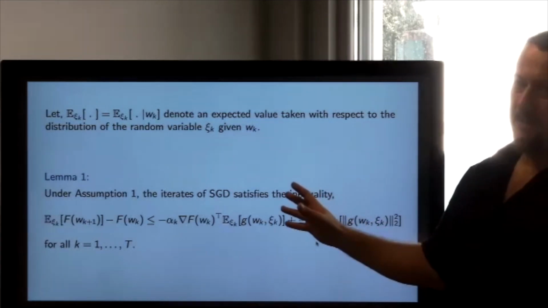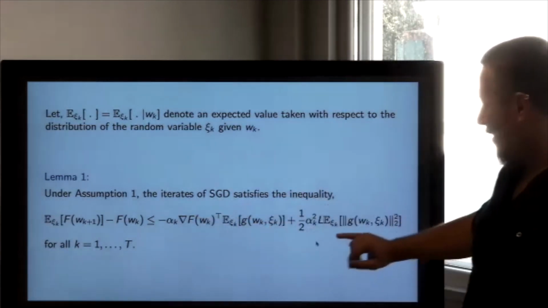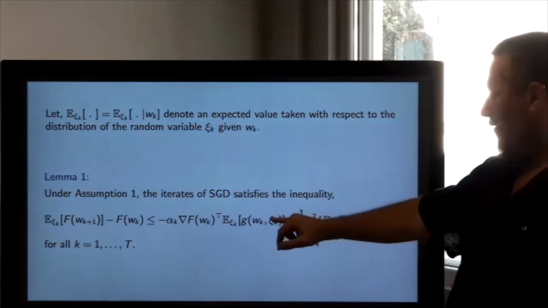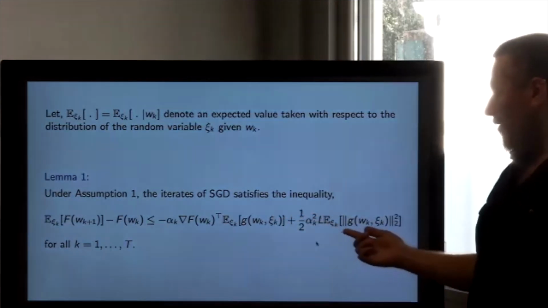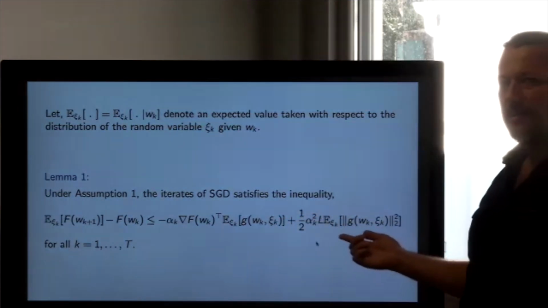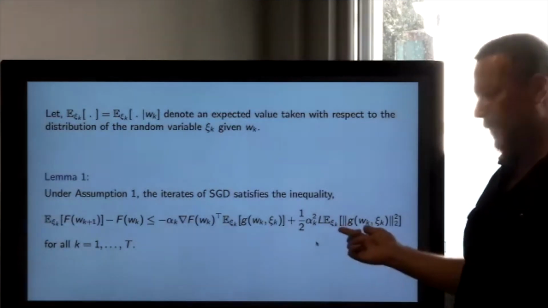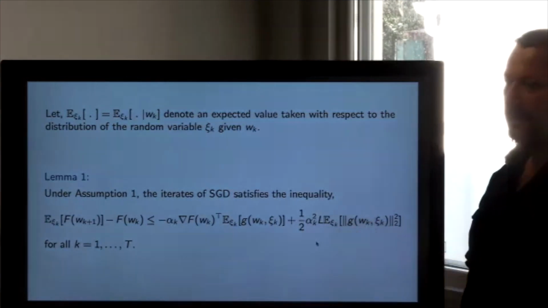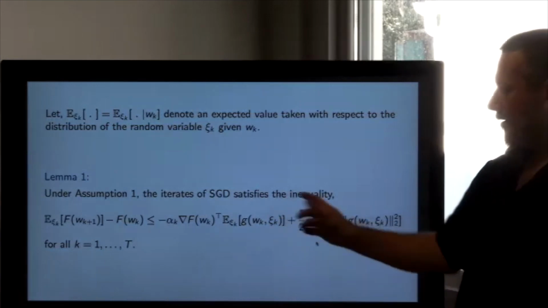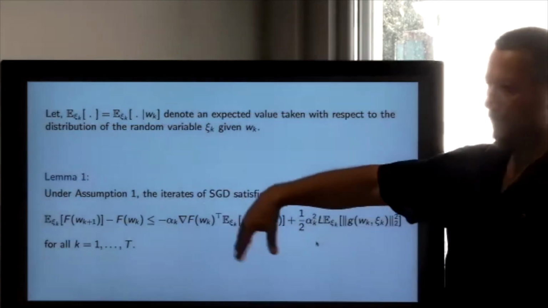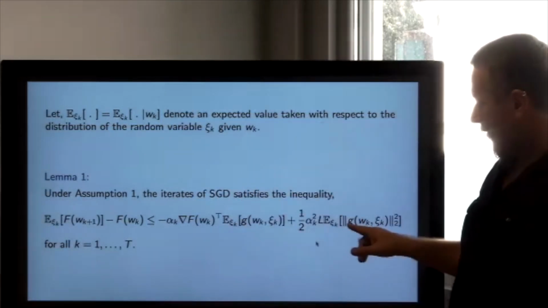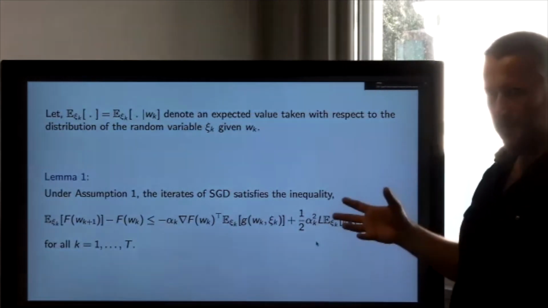The only problem here is, okay, this is negative, this is positive, so you look at the difference. You don't want the right-hand side to be really big. If this is big, then the sum can be positive, and maybe you are not descending at all. So you want this to be small, sufficiently small.